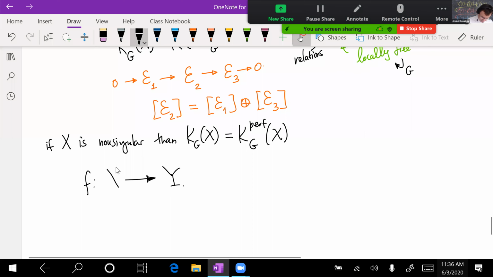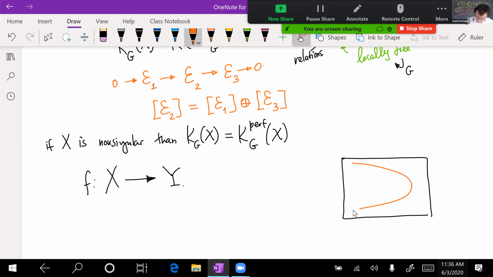If I have the map like this, I can factor it as an inclusion of the graph. This is the graph of F, which is the set of pairs (x, F(x)).